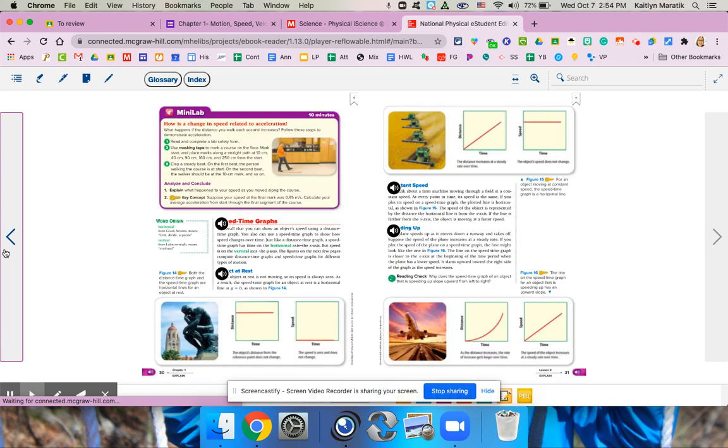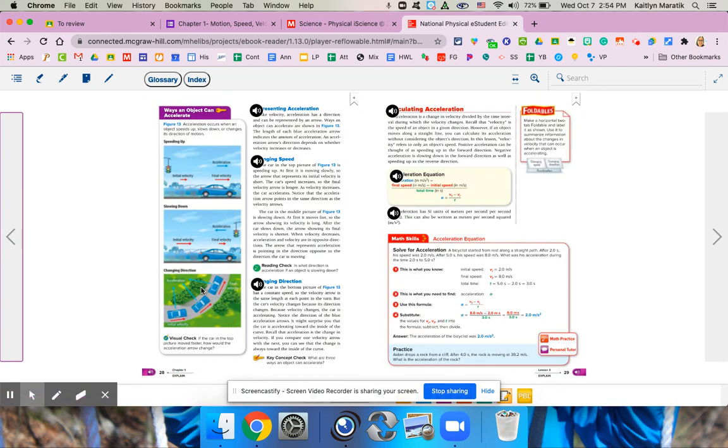Now, what is the formula? You don't even know how to get this started. So if you do go back to this page, let's at least talk about this formula a tiny bit. So the big thing first is, acceleration is equal to the final velocity minus the initial velocity divided by the difference in time.